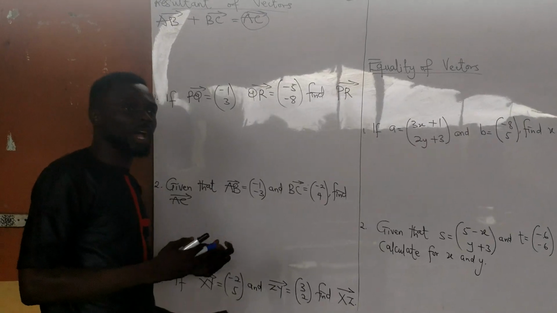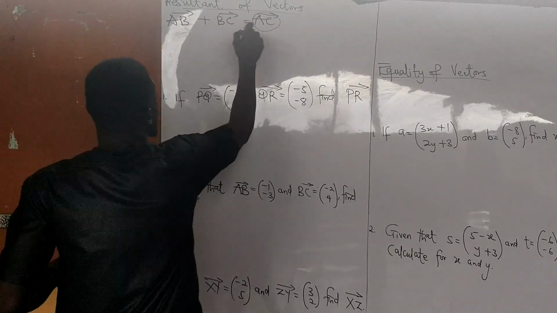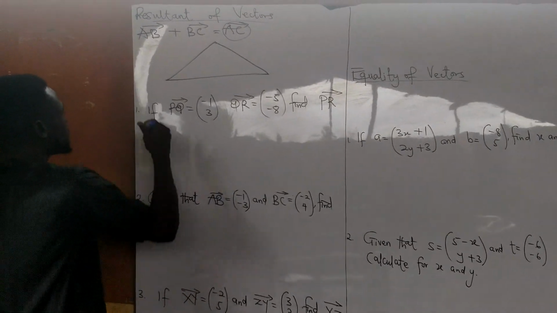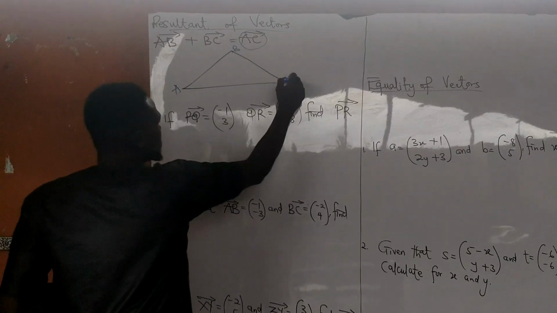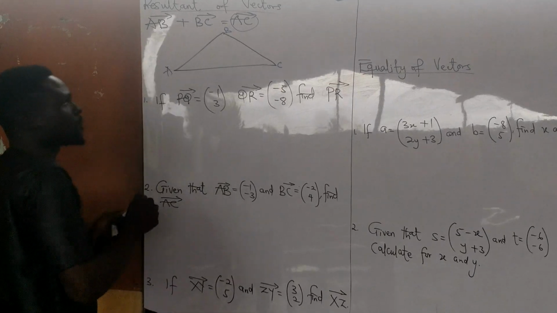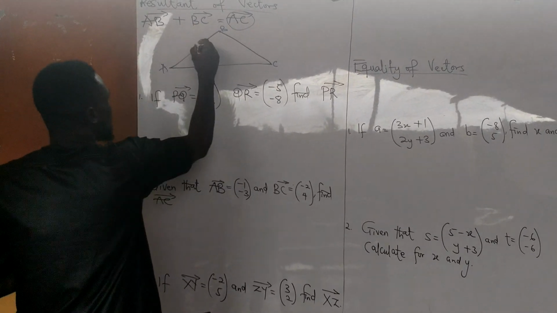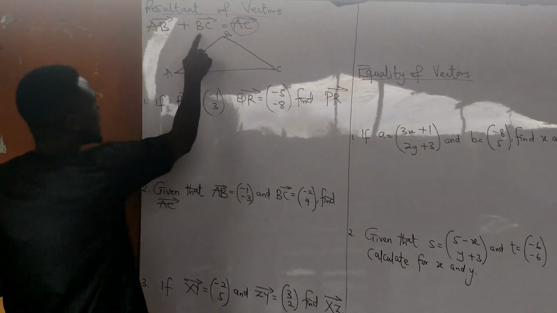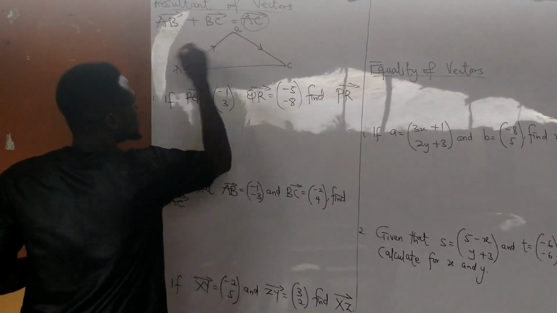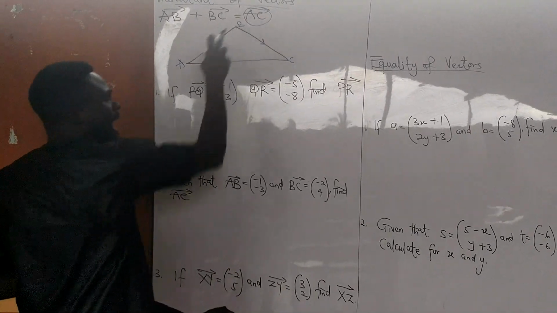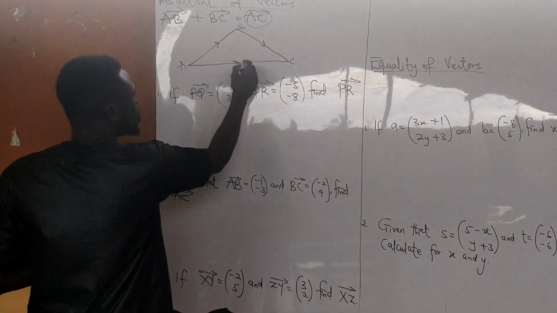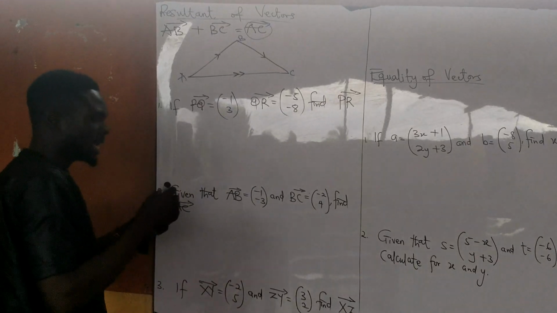So in terms of triangle, we can have this as our triangle, and the vertices we have here A, B, C. So from this vector AB, which means we are from A going to B, we have the arrow this way. Then we have here BC, which means we are from B going to C. So this is BC. Then we have AC as the resultant vector. Since it is a resultant vector, we will double the arrows.